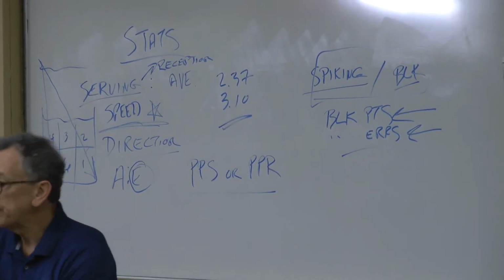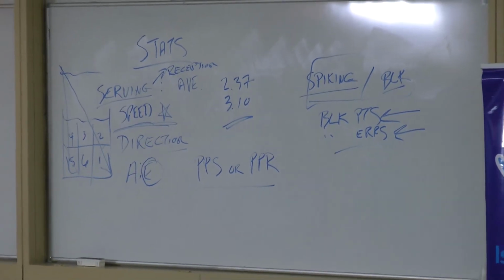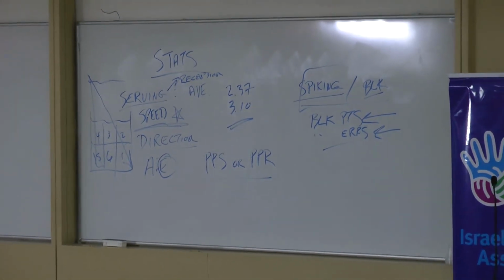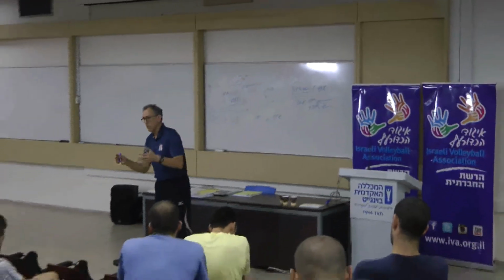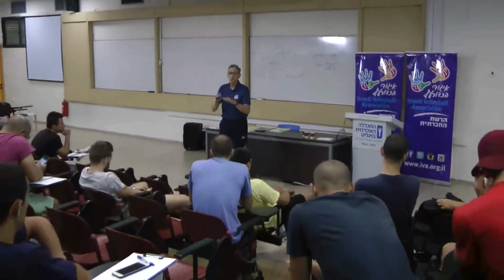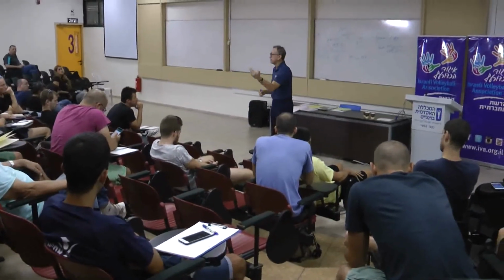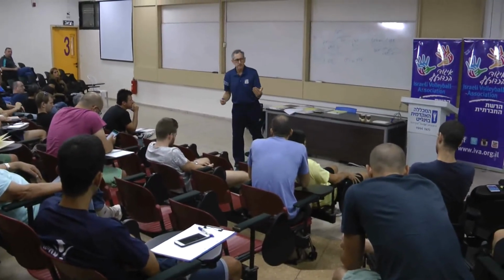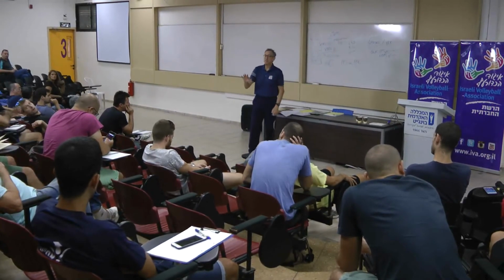But the average of the attacker against me and the average of the attacker against you doesn't matter how many attempts, so it's equal. Or at least from a statistical point of view, it gives us a much better comparison of our relative abilities as a blocker. Do you guys follow that? You don't have to believe me.